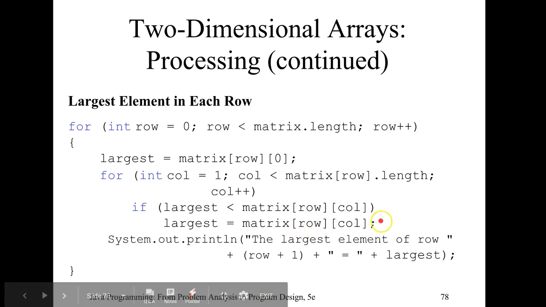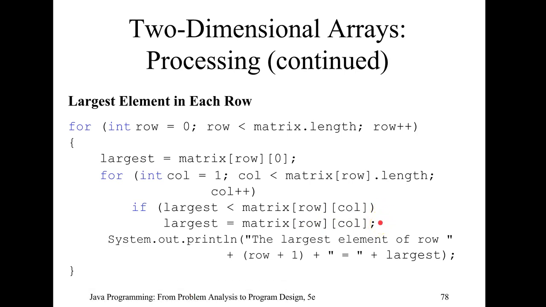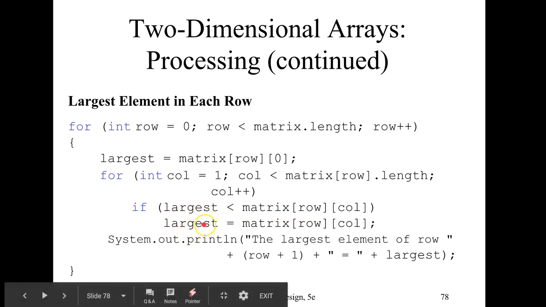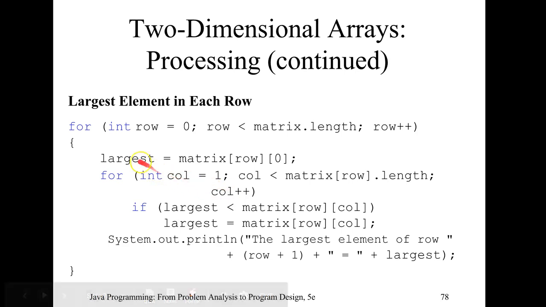Now, if I'm keeping track of where that is, I will also have another statement that would assign the index of that largest value, because we're often looking for the location of it as well as the value. Sometimes we only care about the location, and in that case, we would be saying largestIndex equals that column that I happen to be in as I'm looking for the largest. This is an important thing to remember. When I start a loop, if I'm looking for the largest, don't do something that you might think, oh, let's just set largest to be 0.